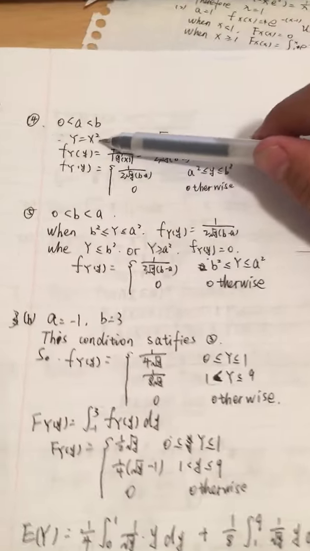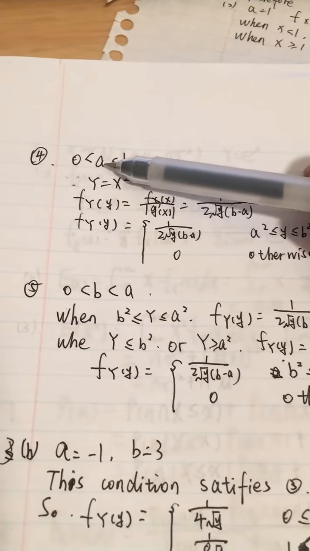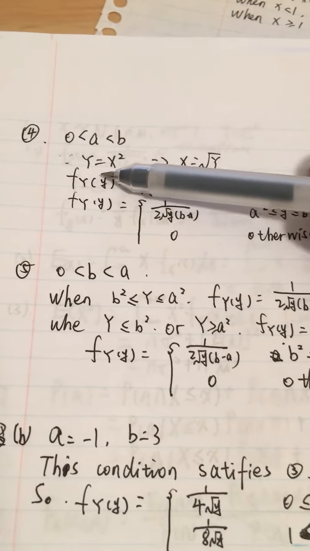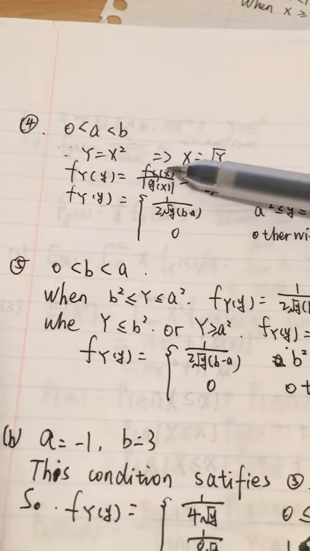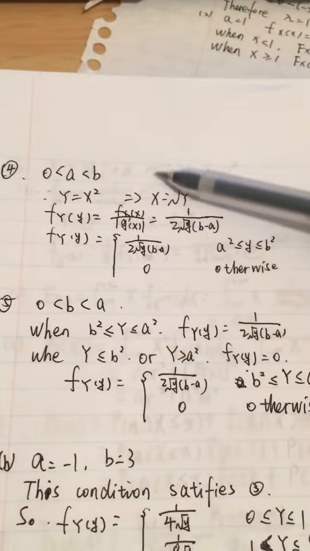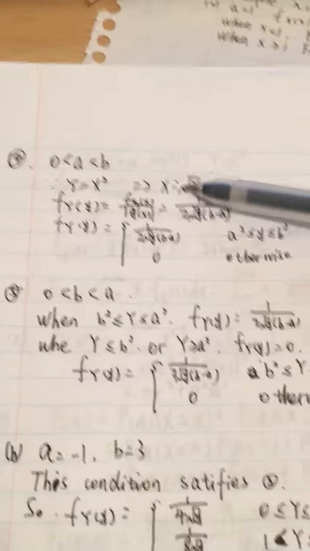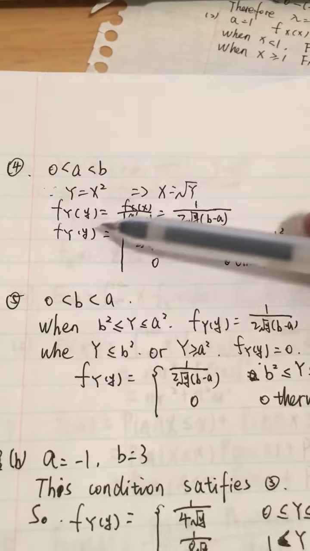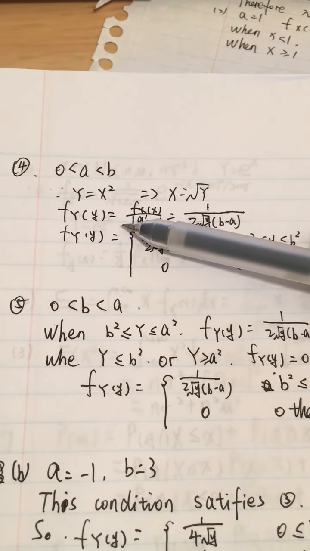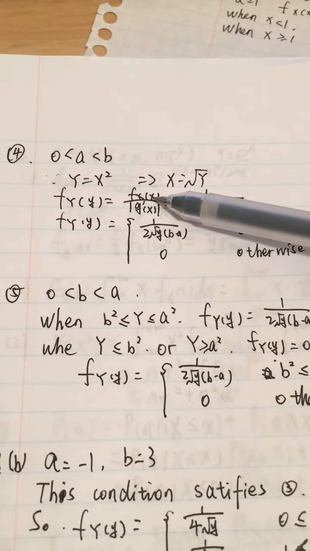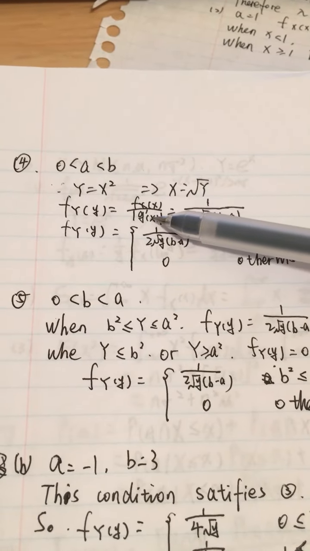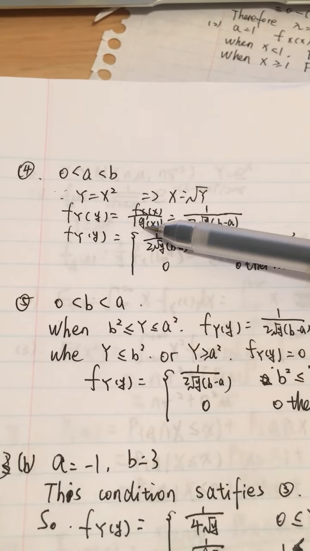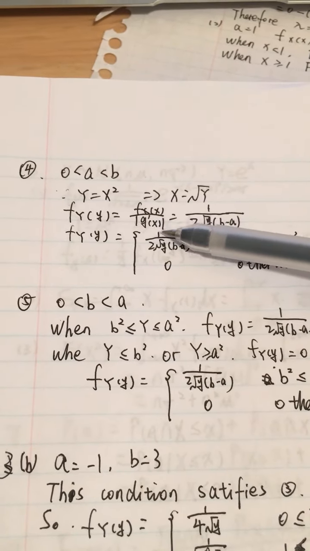And the first condition is a is greater than 0 and is less than b, because y equals x squared, and in this condition x only equals y to the power of 1 over 2, and fy of y equals fx of x over the absolute value of the derivative g of x.